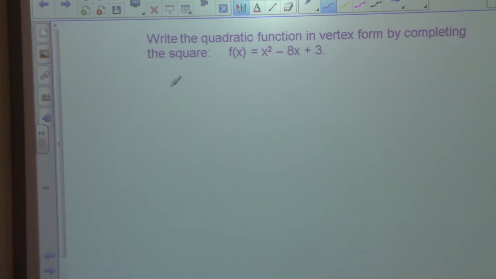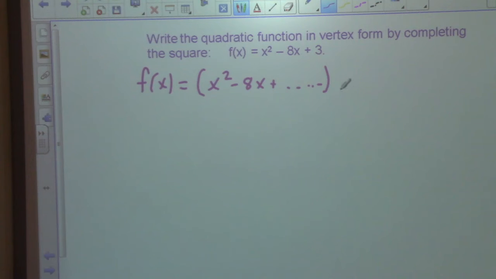So, what we're going to do here to complete the square, we're going to put f of x, put an open parentheses here, and put x squared minus 8x plus, I'm going to leave these little dots here representing a blank.